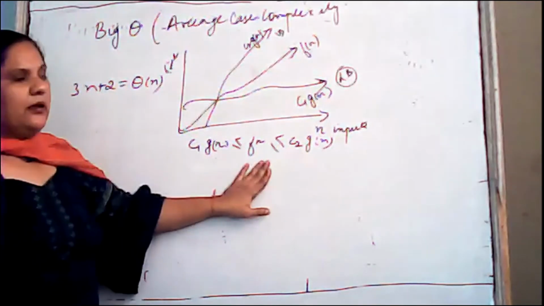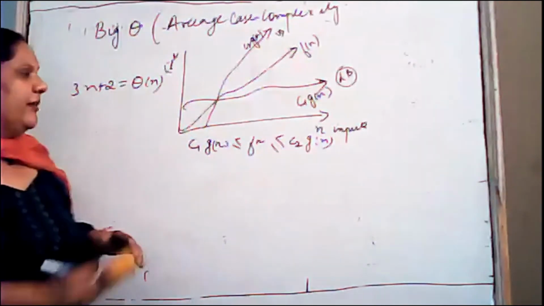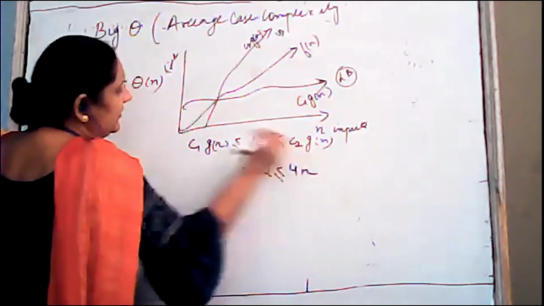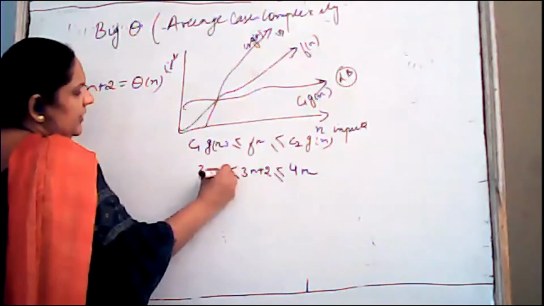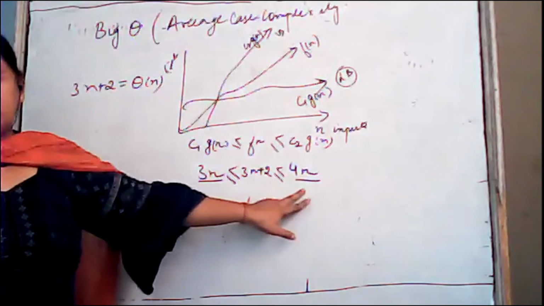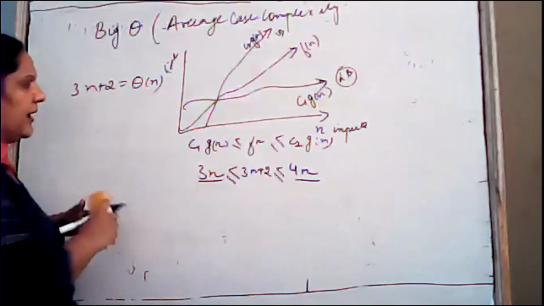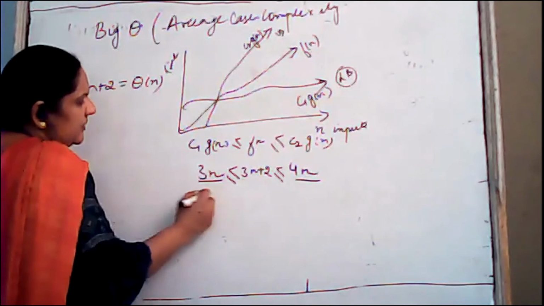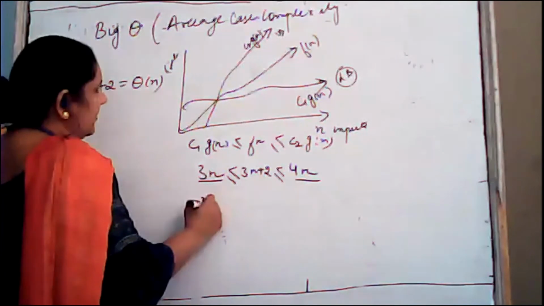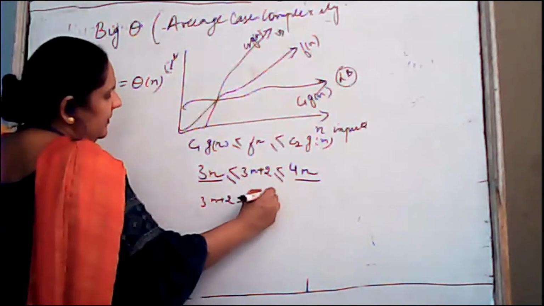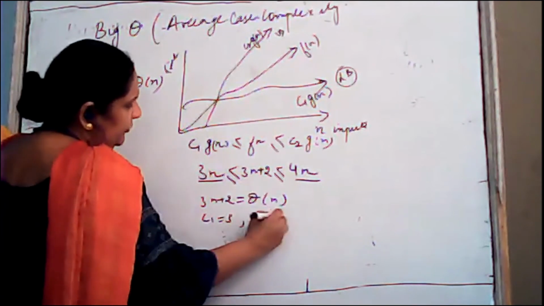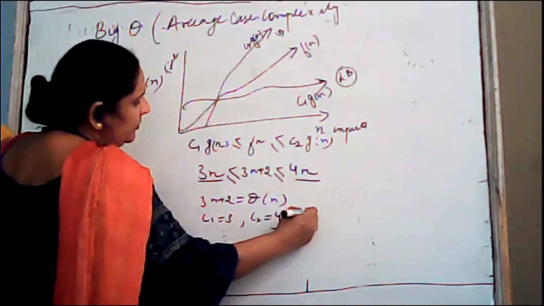If I find the upper bound for 3n plus 2, it would be 4n, because we have already done this, and here it would be 3n. That means the closest bound for 3n plus 2 would be 3n, and the tightest upper bound will be 4n. So for average case complexity, 3n plus 2 is theta of n for C1 equal to 3 and C2 equal to 4 and n equal to 1.